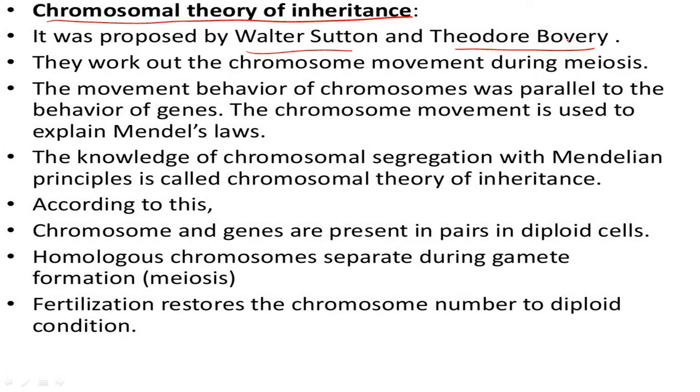The sperms and eggs have haploid sets of chromosomes which fuse to re-establish the diploid state. The genes are carried on the chromosomes. Homologous chromosomes synapse during meiosis and get separated to pass into different cells. This is the basis for segregation and independent assortment.